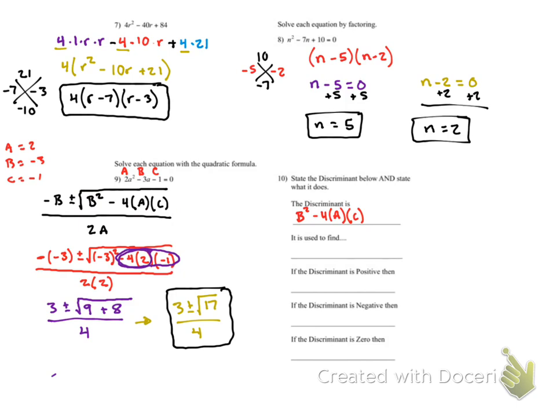It is used to find the x-intercepts. Those are also called zeros, or solutions. The main one that we want you to use is: used to find x-intercepts.